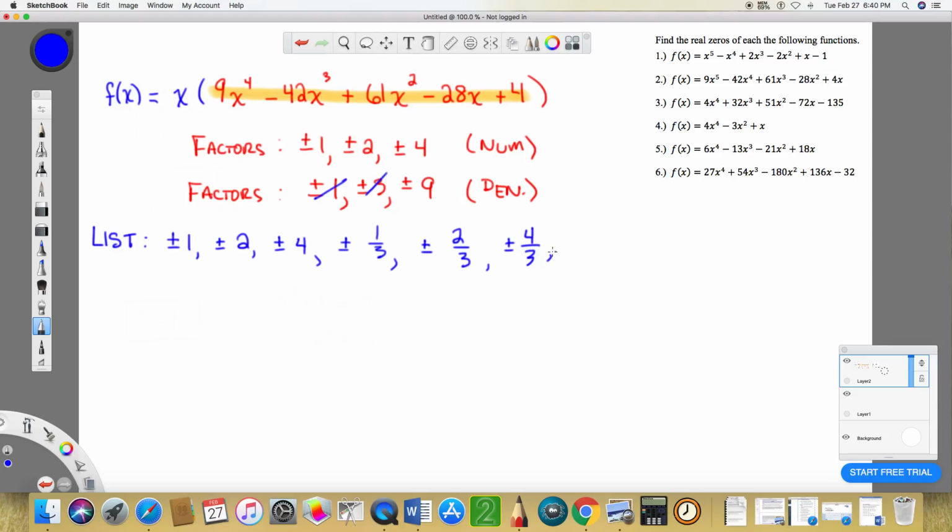And when we take each one of these values and divide it by 9, so we've got a kind of a long list to check to see if any of these will produce a 0 for this function.